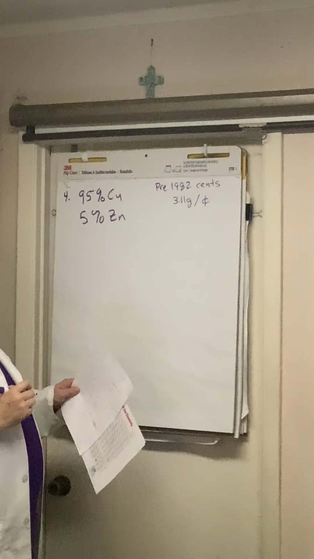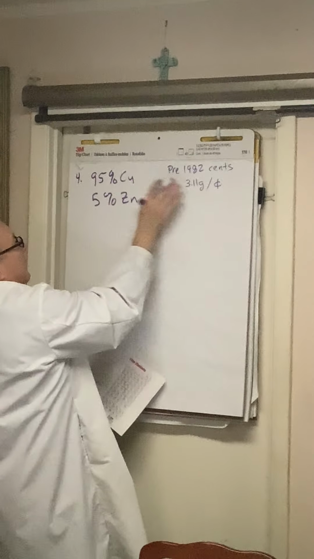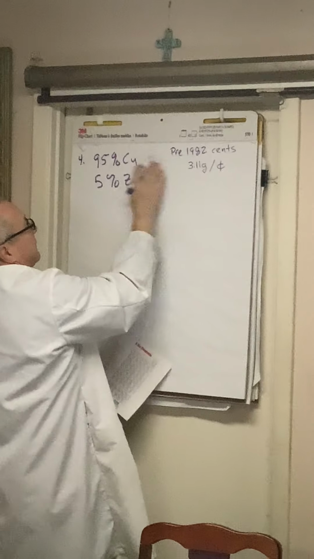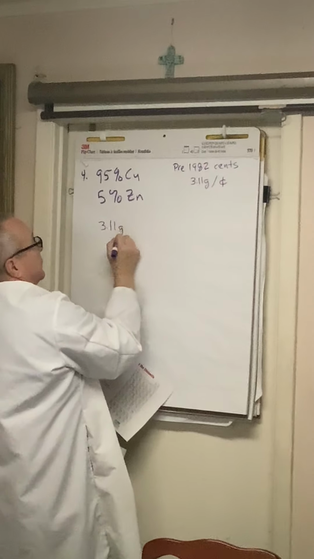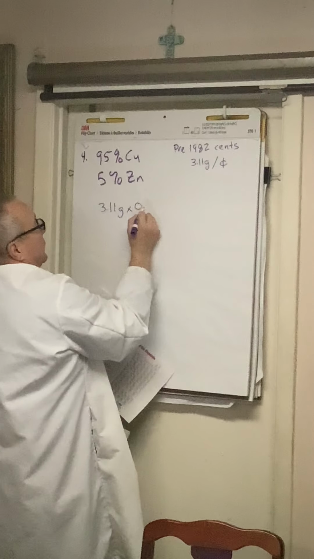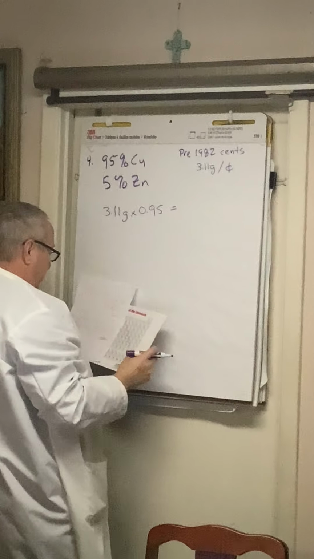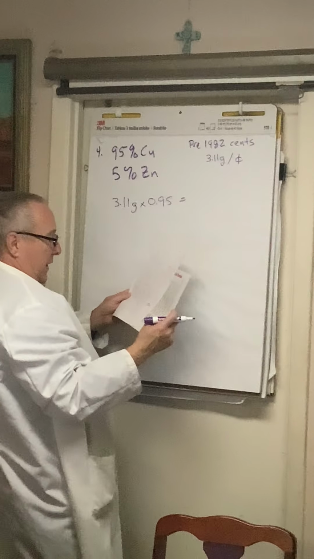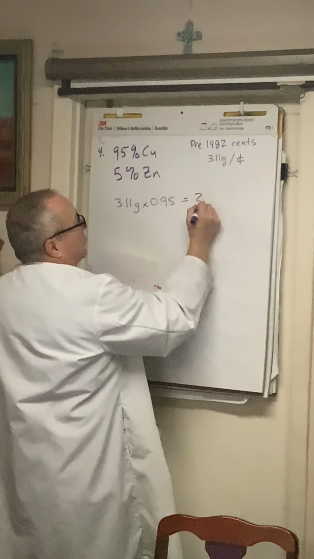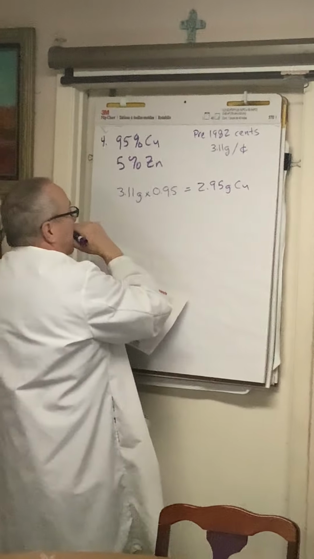Okay? So each cent weighs 3.11 grams. So to calculate how much copper is in that, if it's 95% copper, we just do 3.11 grams times its fraction, 0.95, 95%, and you will find, if you plug it into your calculator, I've already done it, that comes out to 2.95 grams of copper.